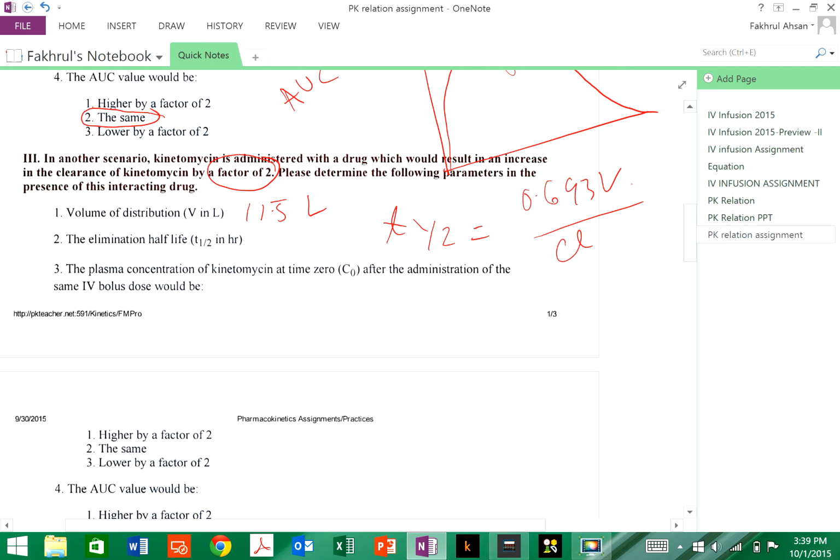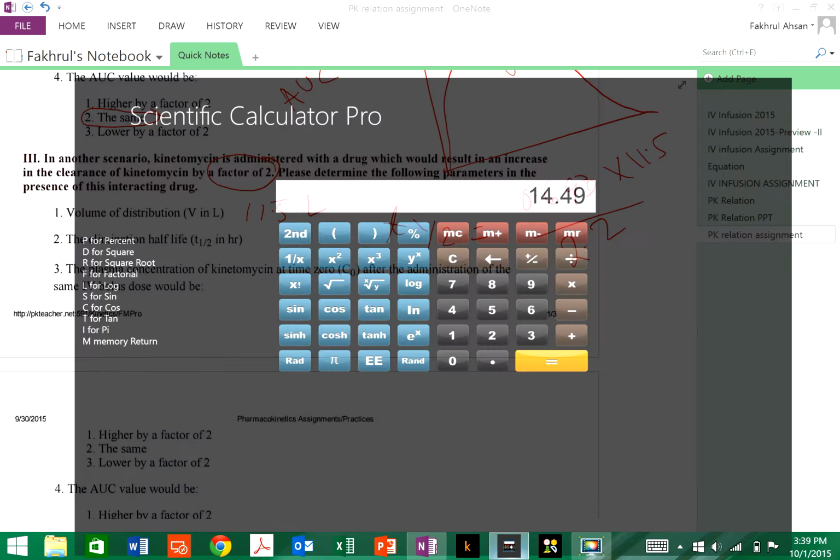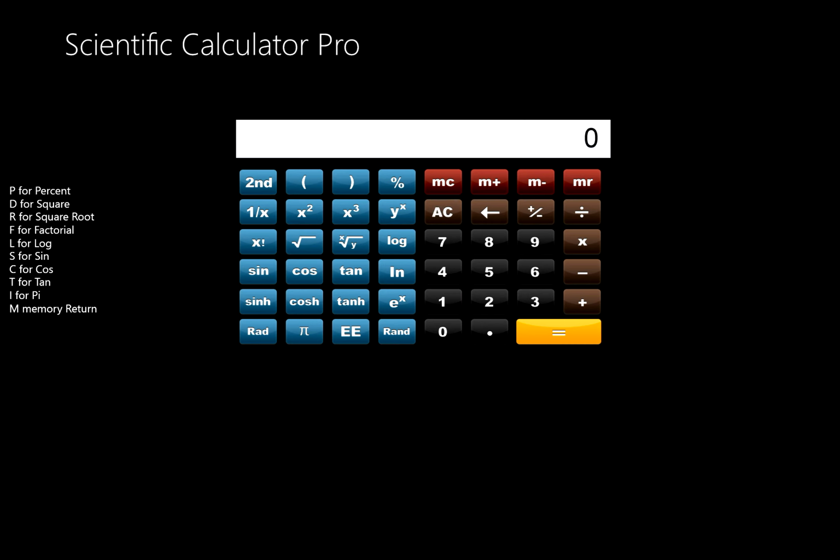So here in this V and CL, in case of V you put 11.5, clearance has increased to 2.2, and then if you go back to the calculator, 0.693 multiplied by 11.5 divided by 2.2, so it's 3.62.